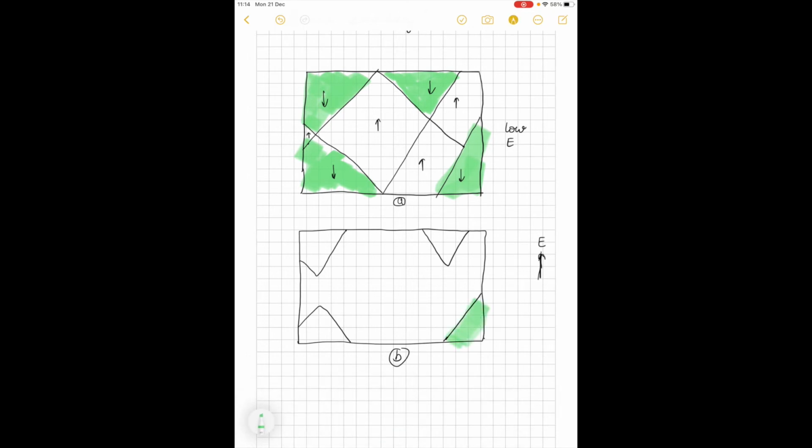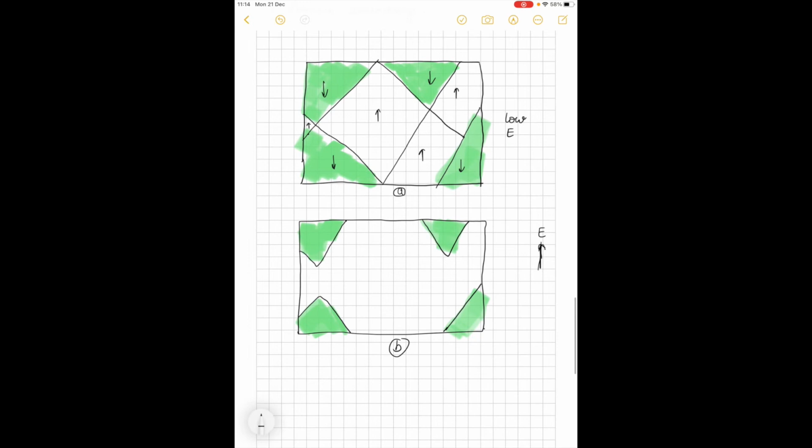This is our green patch, which was this much big before. This is again the green patch, and here's the last one. This full region is the plus Z direction. These ones are along the minus Z direction. So you see the effect of the electric field is to increase the area of the domains along which you have applied the electric field.